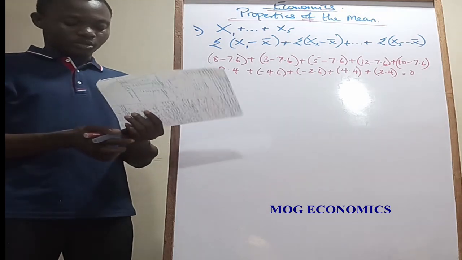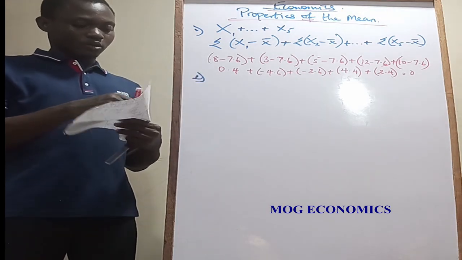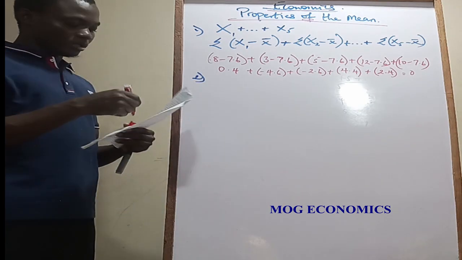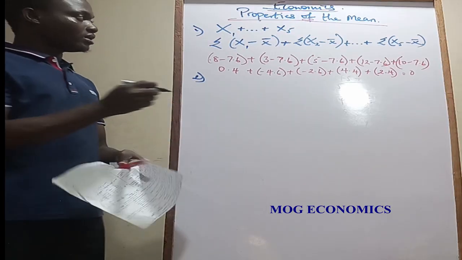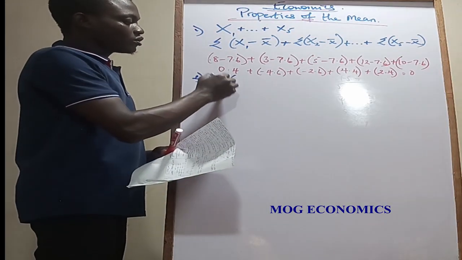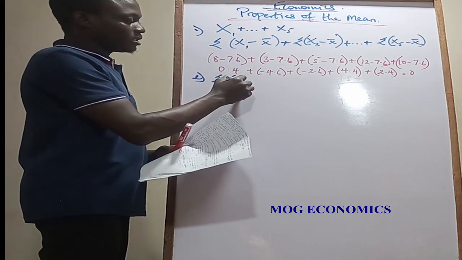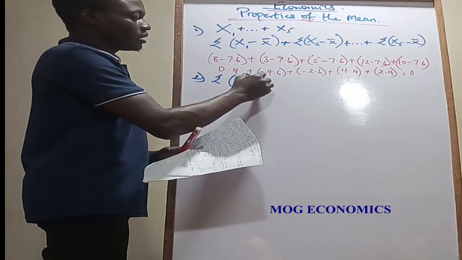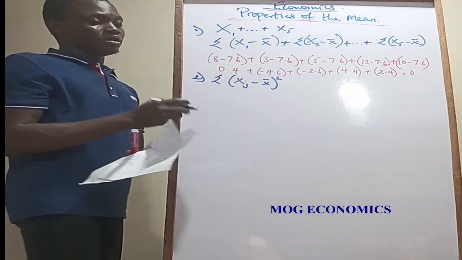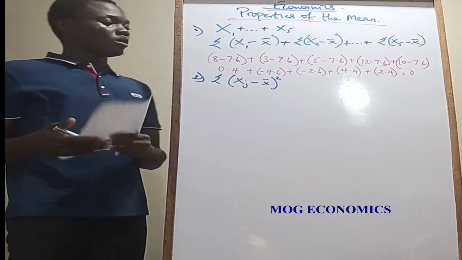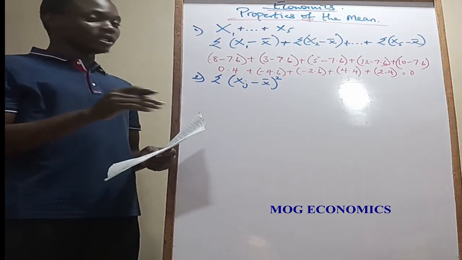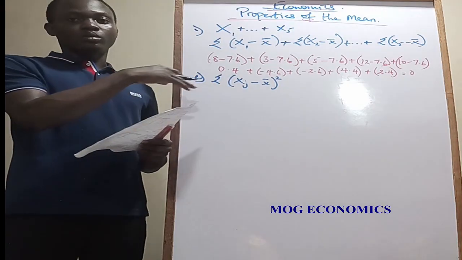Now, to explain that, we are looking at the sum of squares. So we have, let's say, xj minus x̄, squared. The sum of squares of the deviation is minimum about the mean.